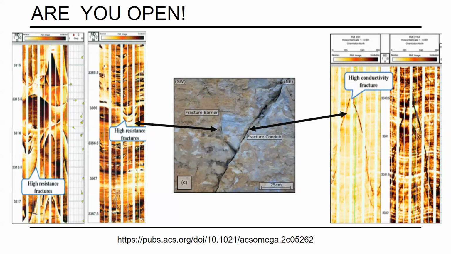If you look at the image on the right, it indicates a high conductive fracture, whereas the image on the left shows a high resistive fracture. And for the sake of illustration, I have used a field representation of how it might look in the field.